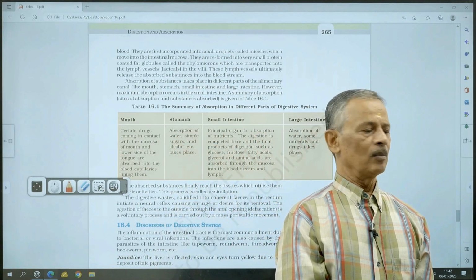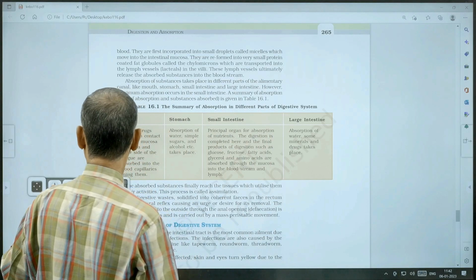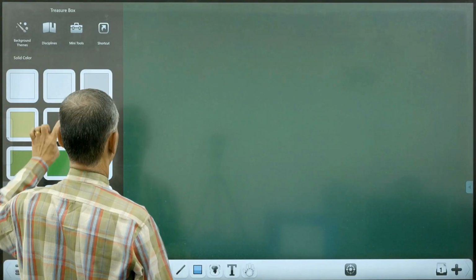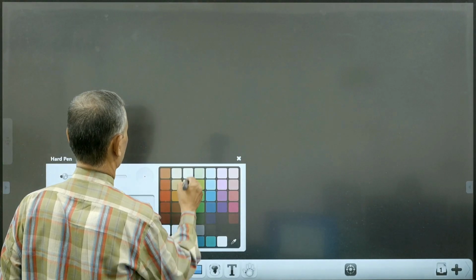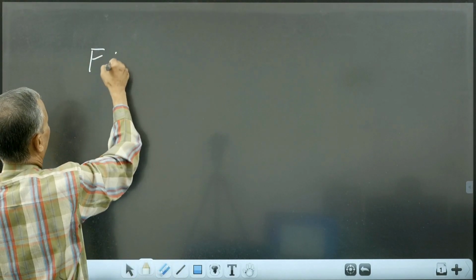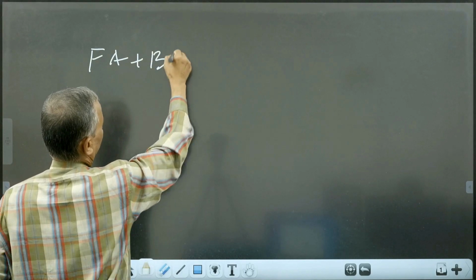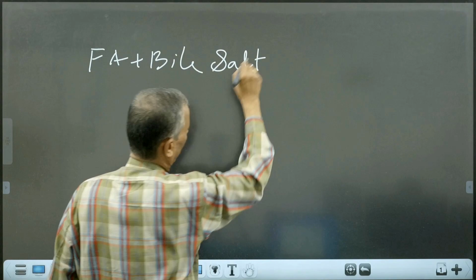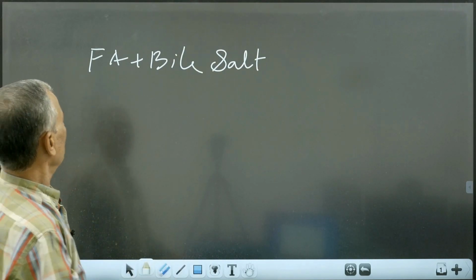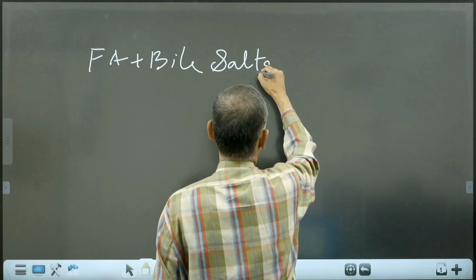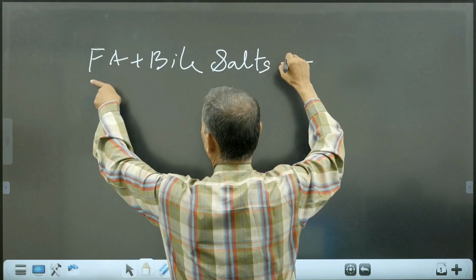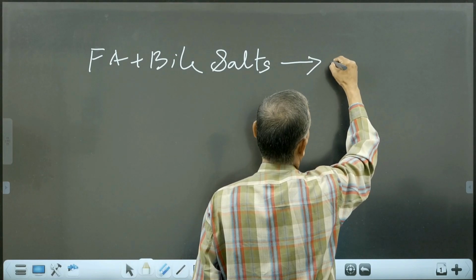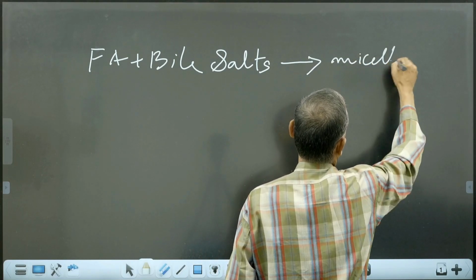Fatty acids plus bile salts. I told you we have bile salts, sodium taurocholate and glycocholate. These bile salts will combine with the fatty acid and form small molecules called micelles.